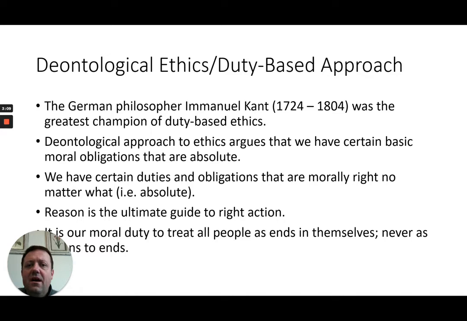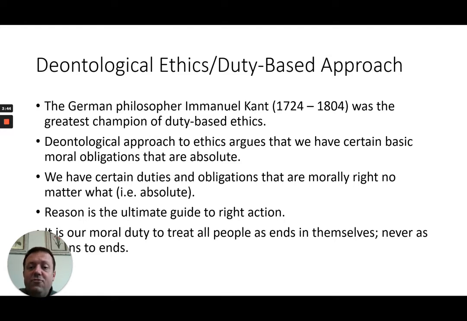Whereas a utilitarian could be thought of as a relativist in the sense that everything is relative to what creates the overall greatest amount of happiness and minimizes pain. So there is no particular moral claim that holds absolutely. The claim is moral or not, dependent on whether or not it creates happiness. But Kant, as I say, believes that we have these duties and obligations that are morally right no matter what.